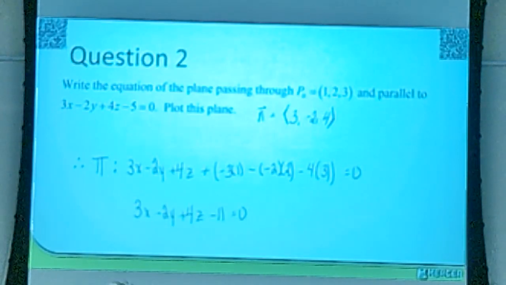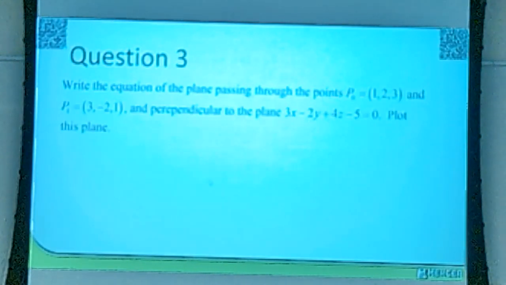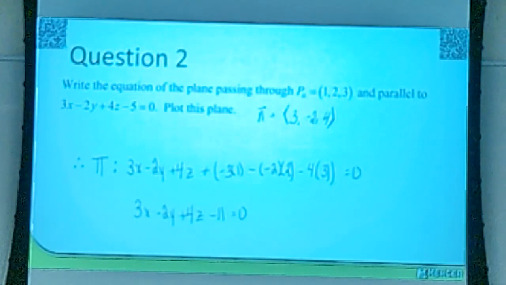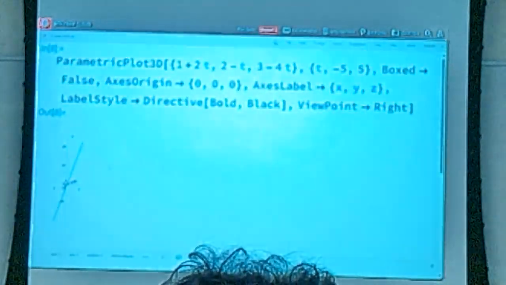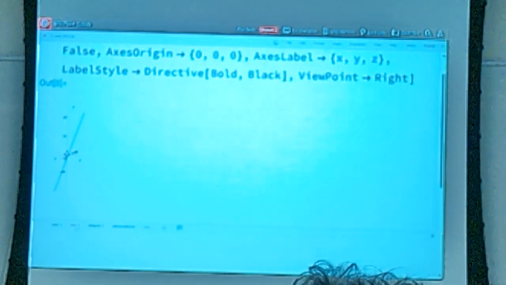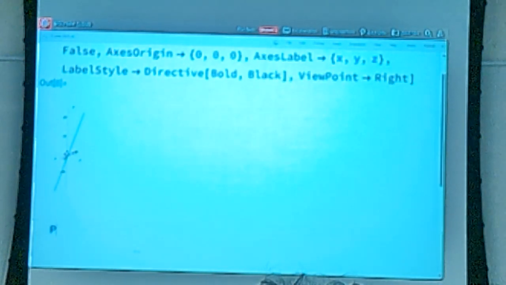That'd be up to me. In general form. Again, they want us to plot it. I'm going to try this.